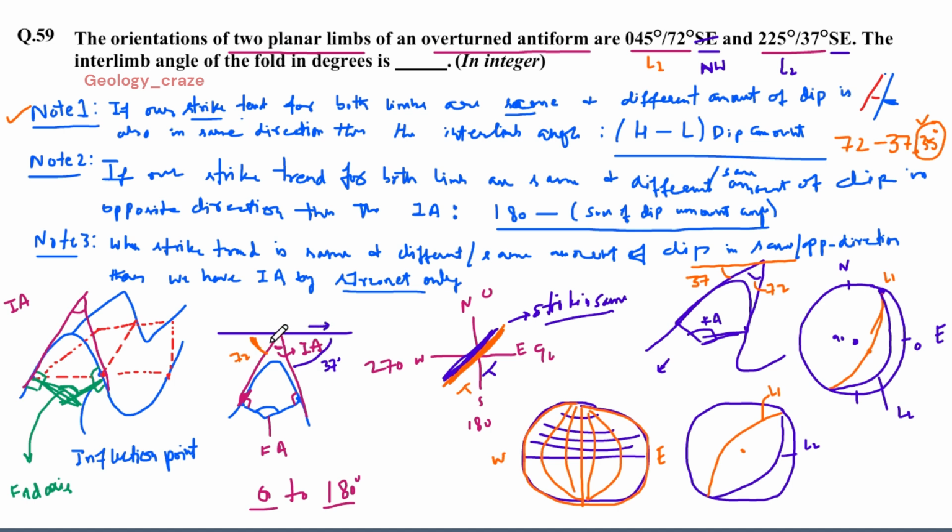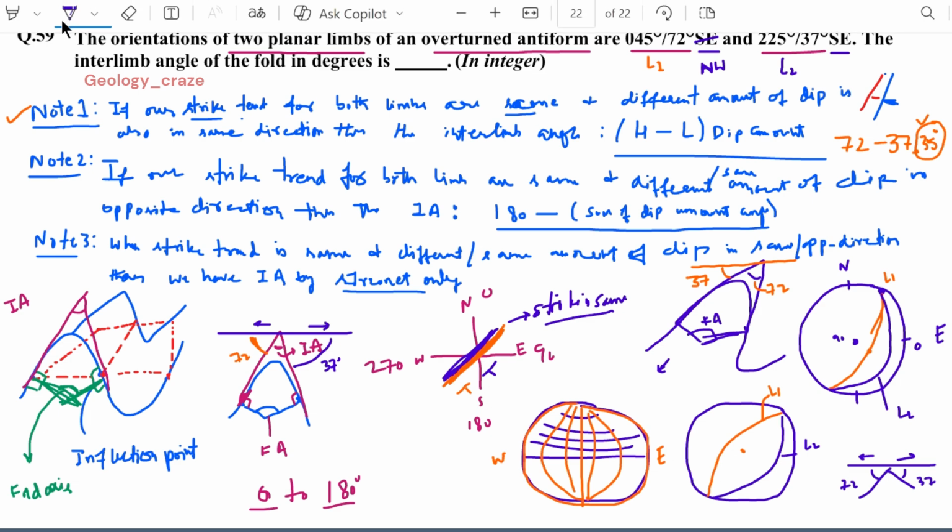One is dipping in this direction, one in this direction. So we have to calculate our interlimb angle. This side it is 72 and this side it is 37. And our interlimb angle is this one.